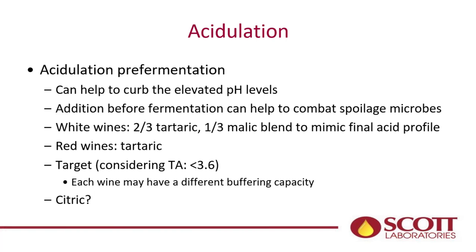Acidulation pre-fermentation is really where you want to try to get your biggest shift. Very generally speaking, any sort of adjustment you do, especially something like acidulation, is better done at the juice stage compared to once it's already fermented out and is a somewhat finished wine. The juice just responds better.